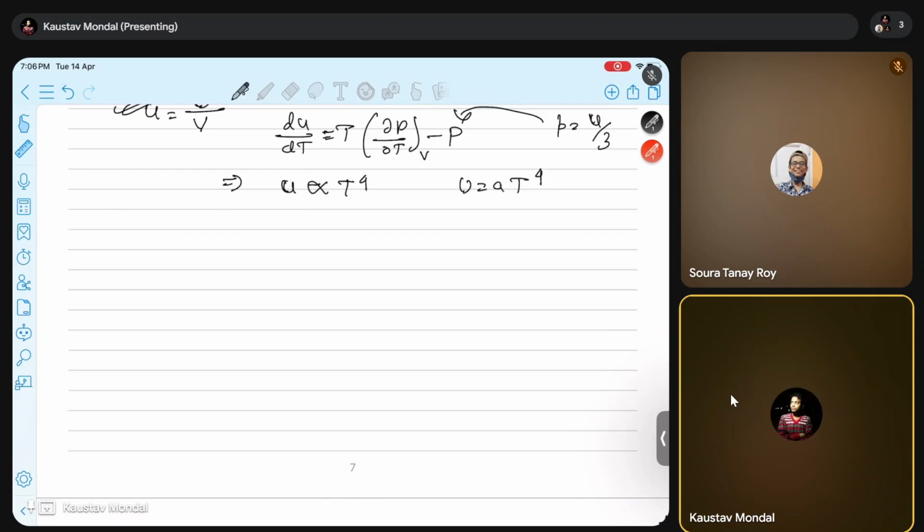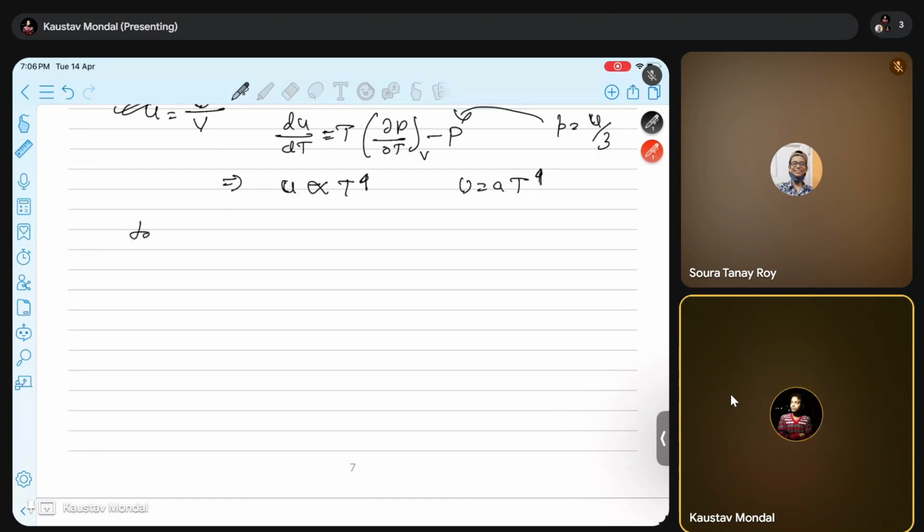That means this energy density is related to the fourth power of temperature. From here you can also calculate the total emission energy.